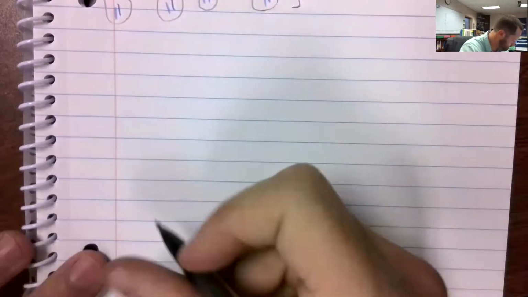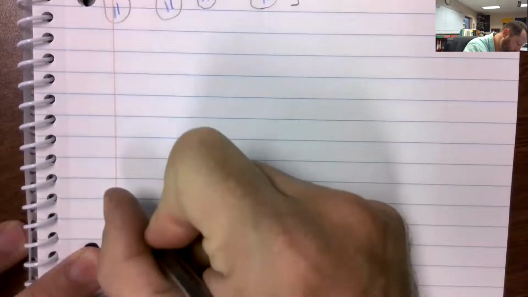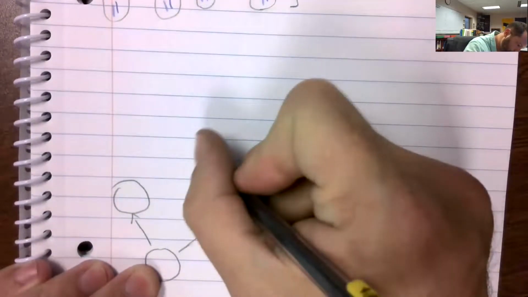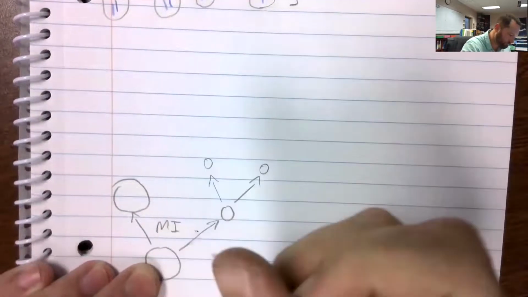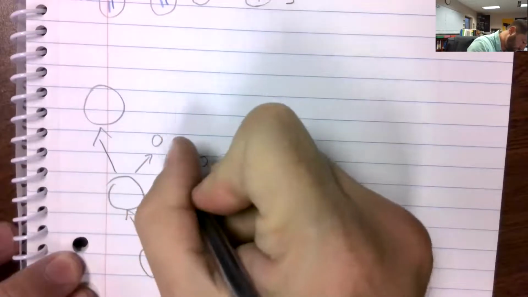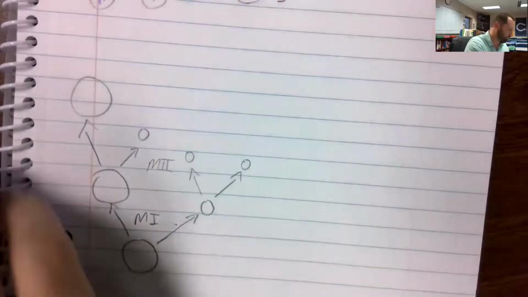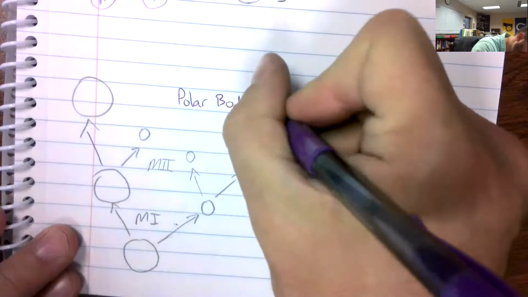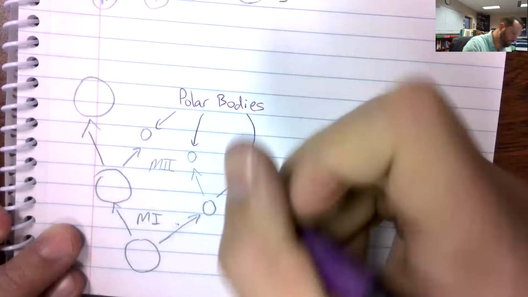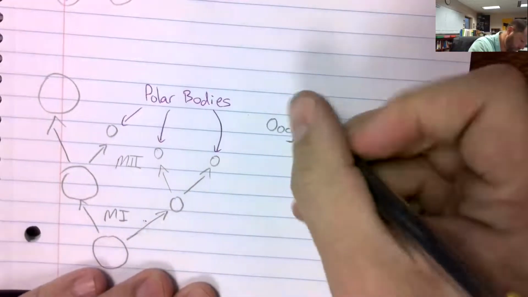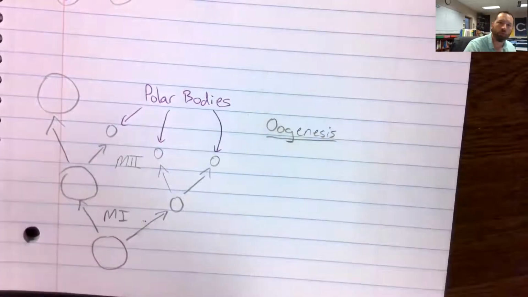The page for this next part here. So in females, this process is a bit different. So in females, this process is called oogenesis.